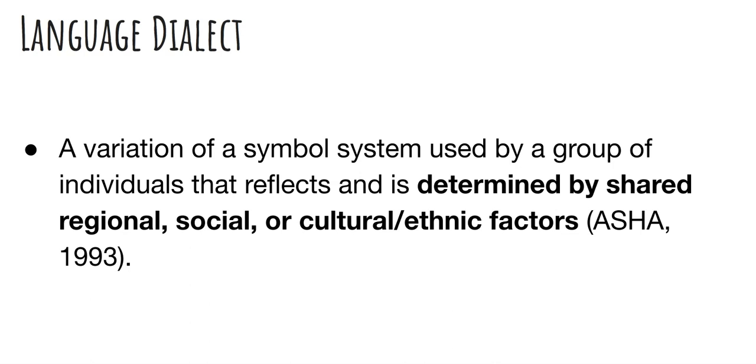And then it's also really important to remember, and we'll talk a lot more about this, especially at the end of the semester, language differences and variations. A language dialect is a variation of a symbol system used by a group of individuals that reflects and is determined by shared regional, social, or cultural ethnic factors. So things like African American English are going to be a dialect.